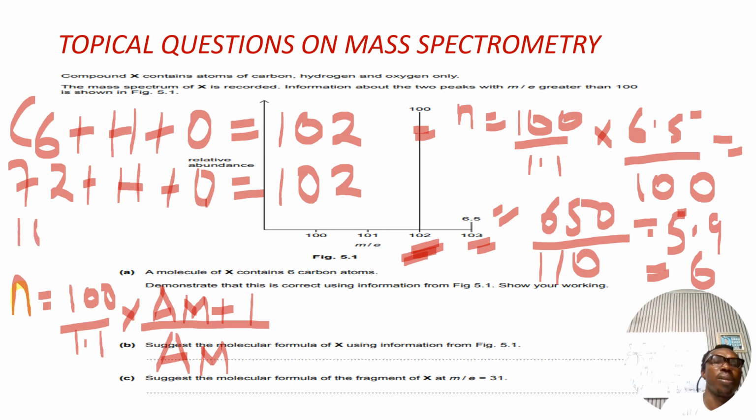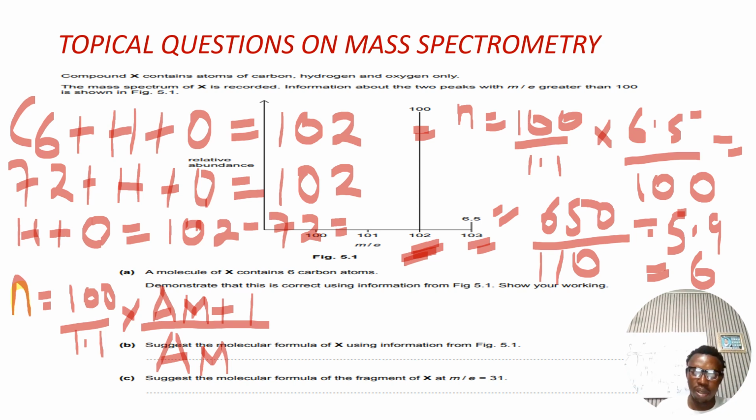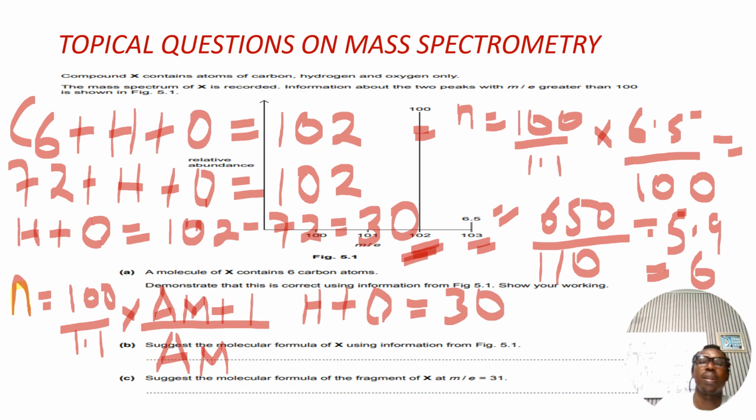So hydrogen plus oxygen will be equal to 102 minus 72, which is 30. So hydrogen plus oxygen is 30, the total mass. We have to share it between hydrogen and oxygen.